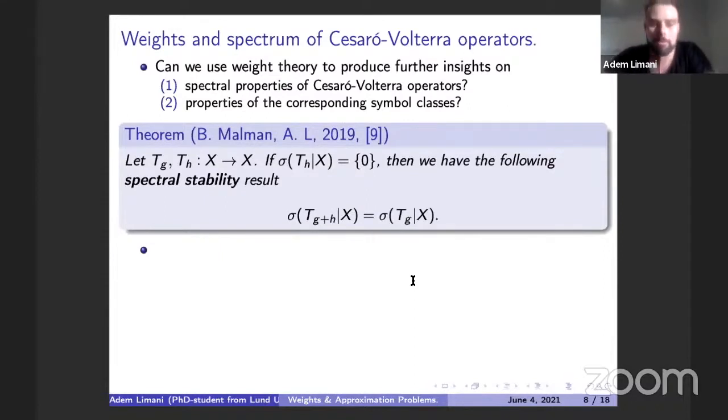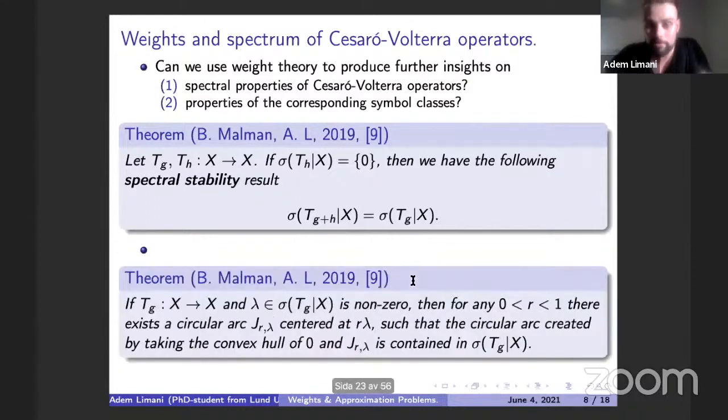Suppose that we have two symbols g and h such that they induce bounded linear operators, and we suppose that one of the operators is quasi-nilpotent, so it has trivial spectrum. Then we have the following stability result: by adding h, we're not changing the spectrum. And in a similar way, we can derive the following properties of the spectrum.